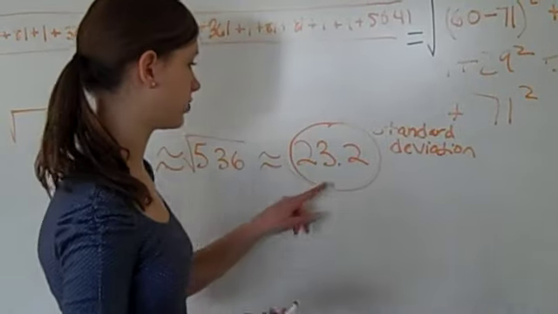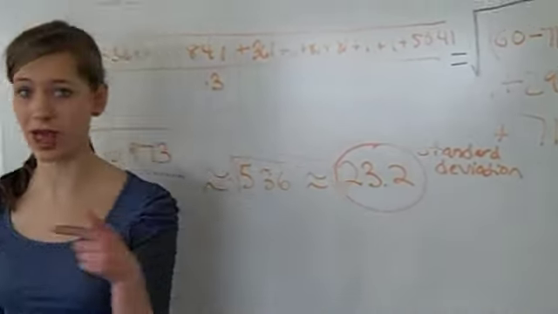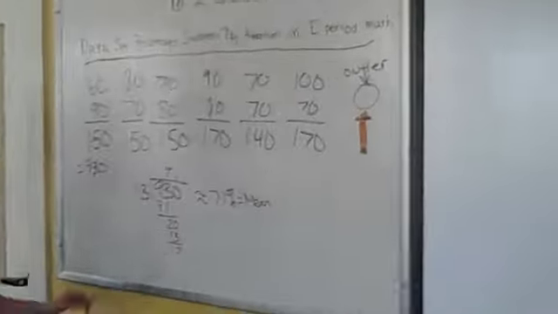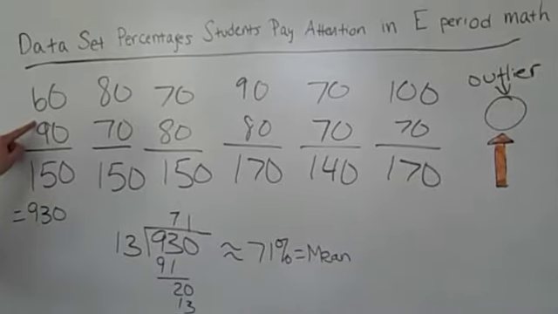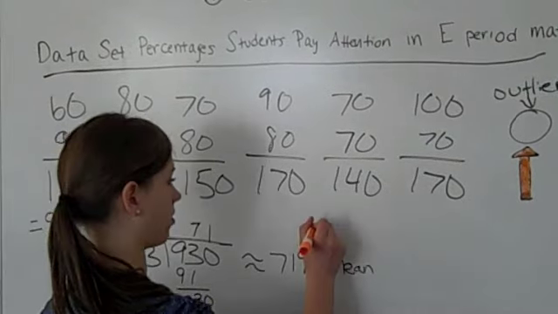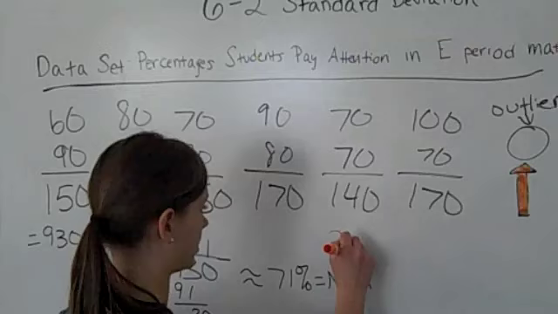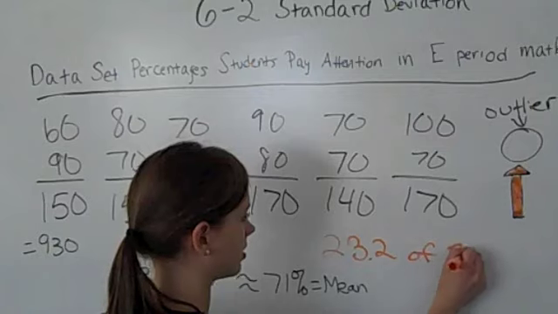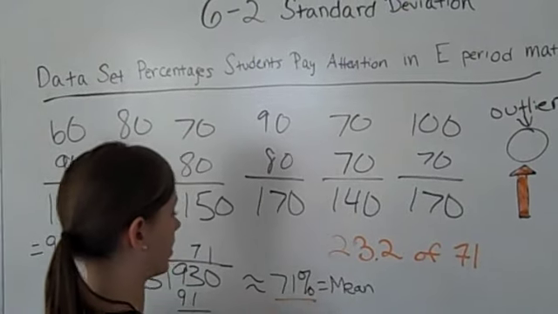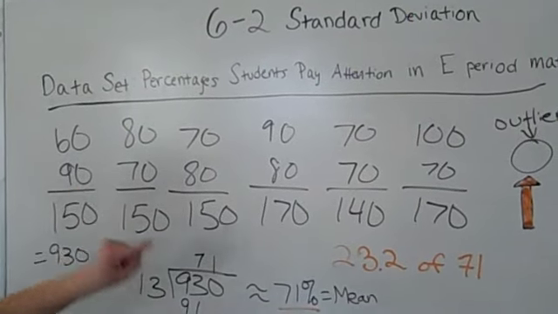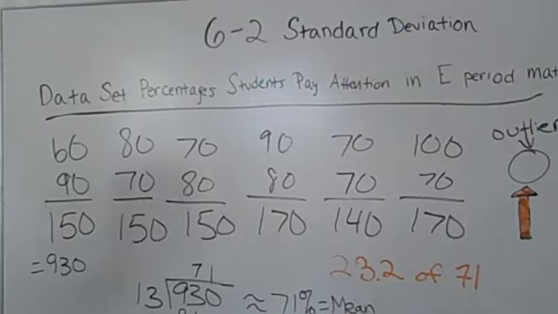So we have 23.2. Now we can go back over here to the data points, and we can see which ones are within 23.2 of 71. So we need to find ones that are within 23.2 of 71, because that was the mean. Okay, so 60, that's 11. That's definitely within 23.2.